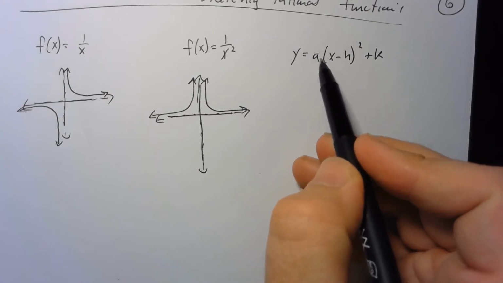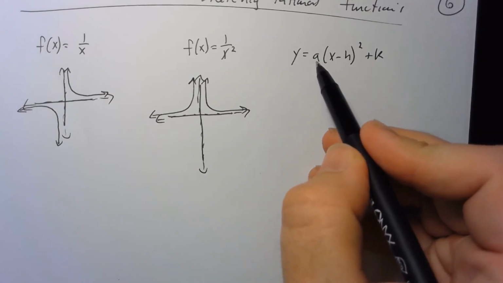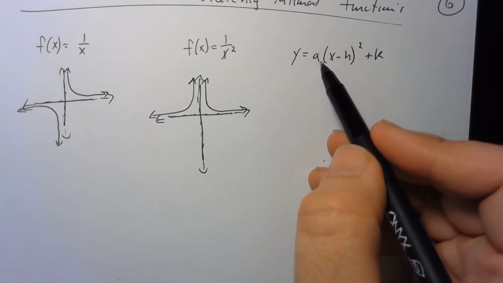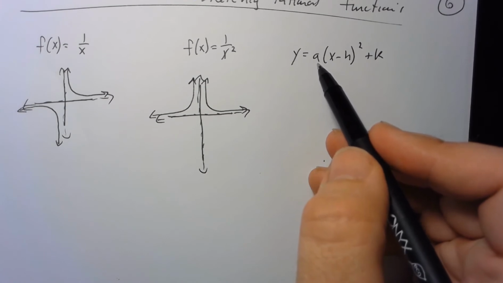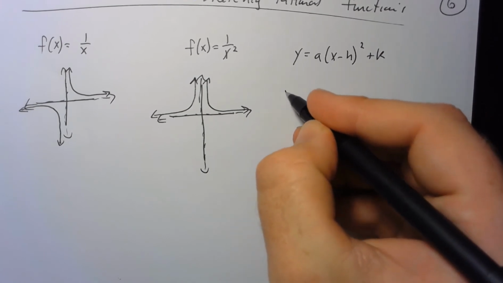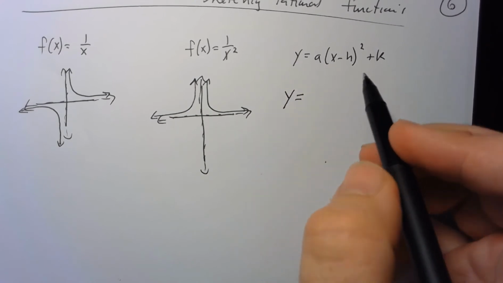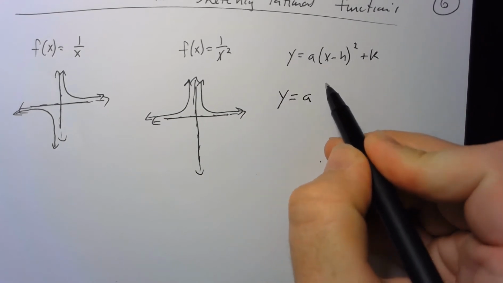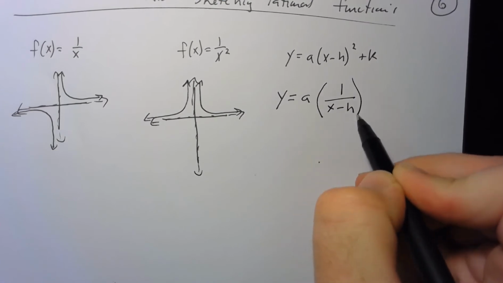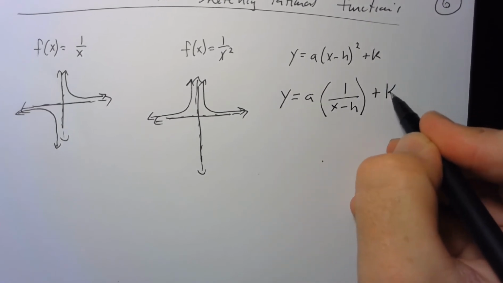So that a value, if it was a whole number, will force it to be stretched. If it was a fraction, it would be compressed, and if it was negative, it would be flipped over the x-axis. With all that being said, you can transition the comparison of this such that you have a times 1 over x minus h, like that, plus k.